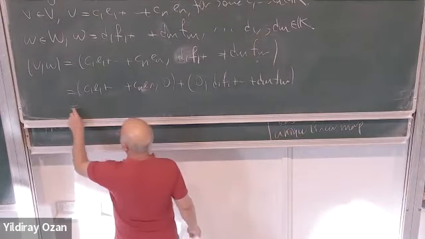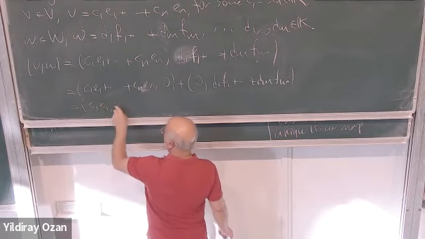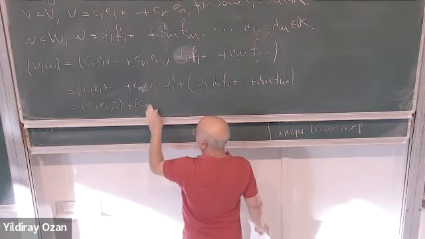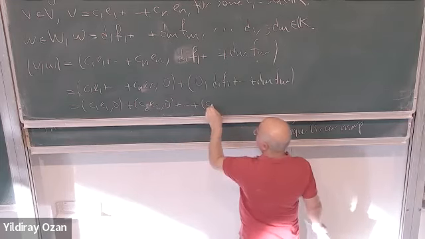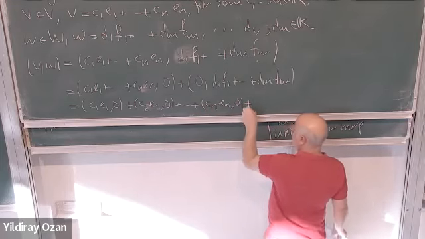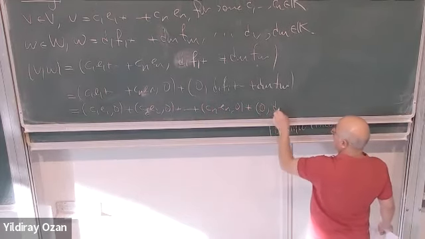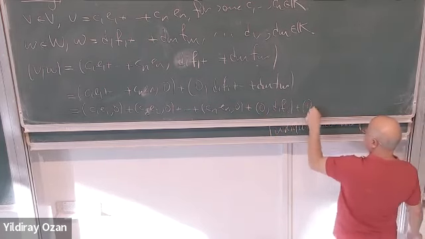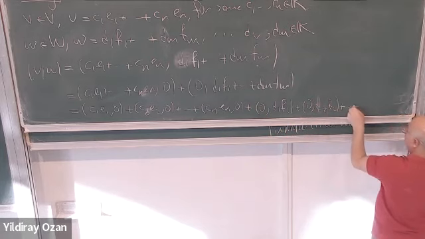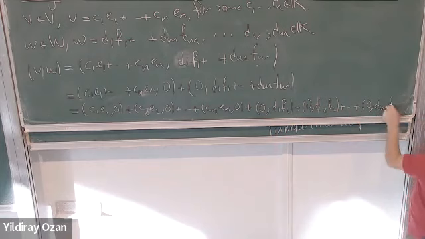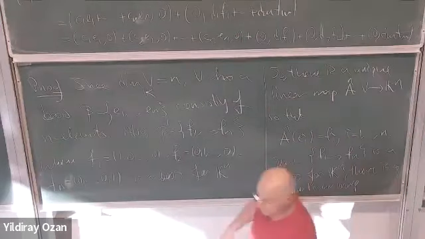And then I can do the following. This is just (C1 E1, 0) plus (C2 E2, 0) up to (Cn En, 0), plus (0, D1 F1), (0, D2 F2), up to (0, Dm Fm).